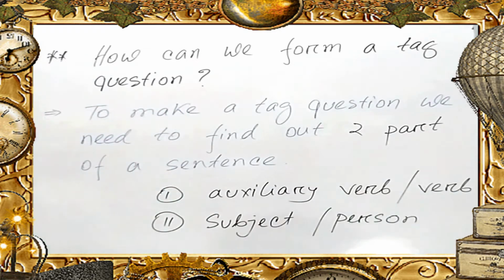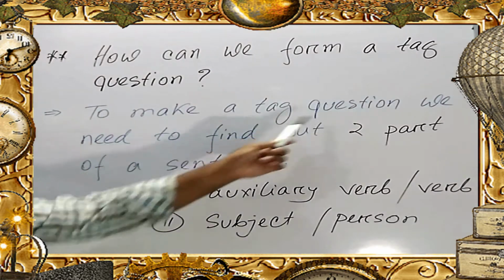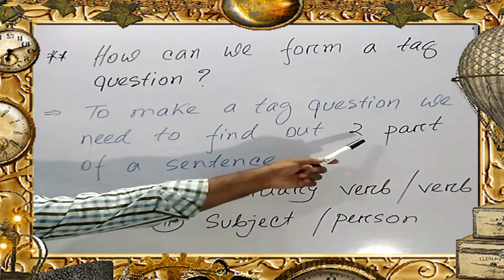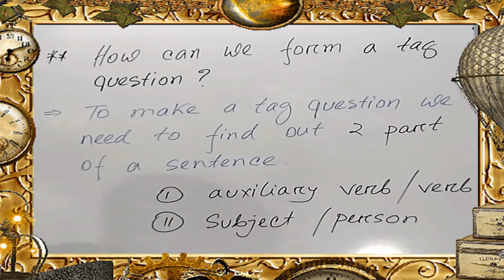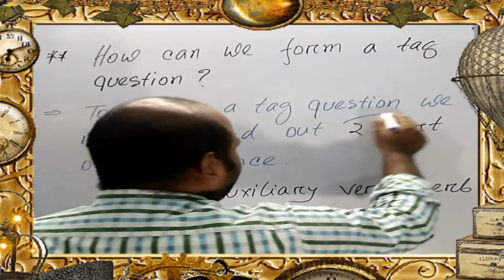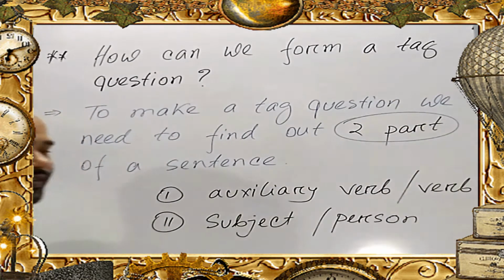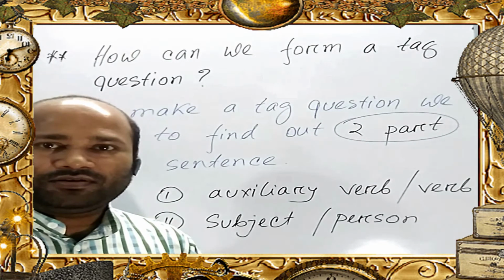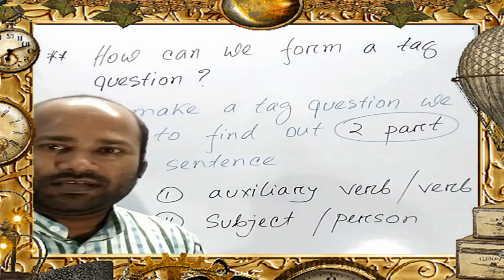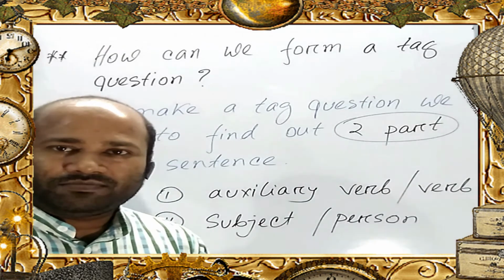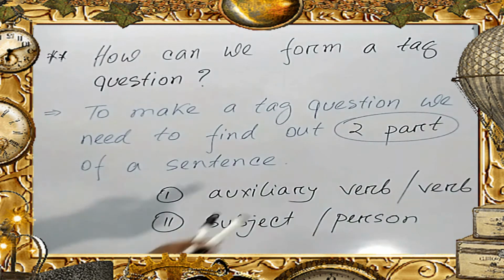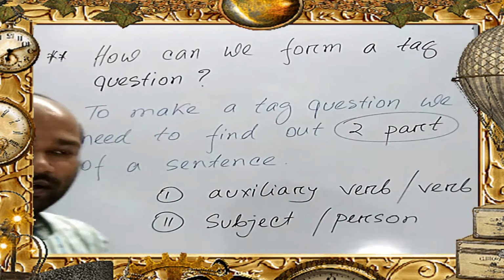First of all, what you should do to make a tag question, we need to find out two parts of a sentence. Remember, two parts of a sentence. That means we may have a long sentence or two different types of sentences or clauses, but you have to first find out two main parts. What are they?